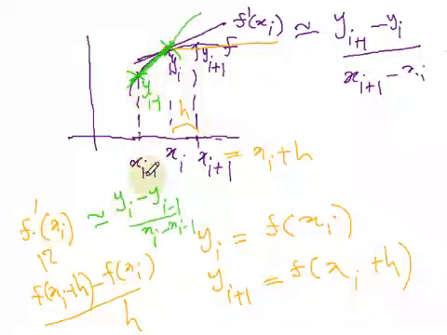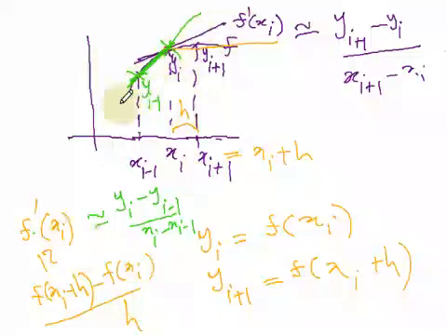This is the approximation to this tangent. You can see that you will get a fair amount of error when you approximate using this point and the point behind it. So this is the error.